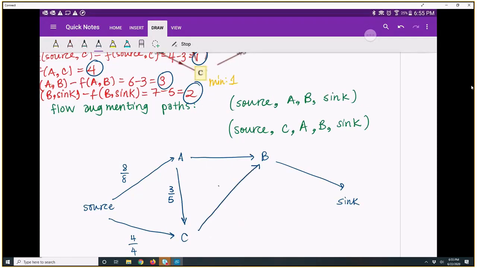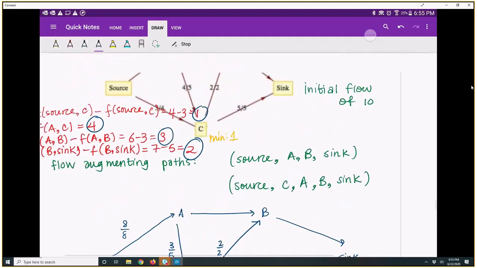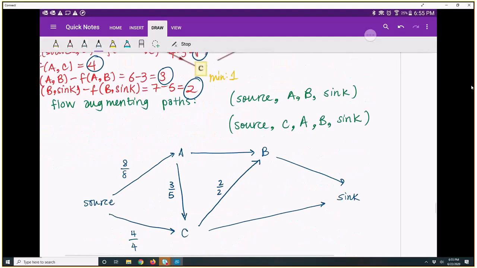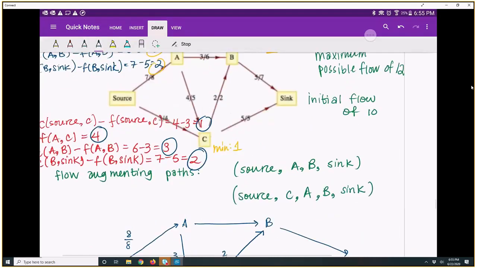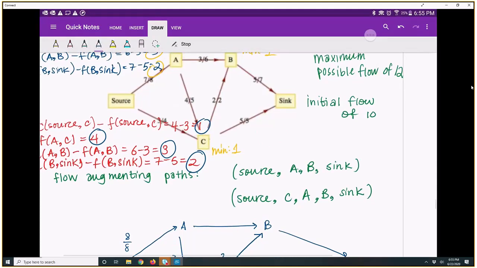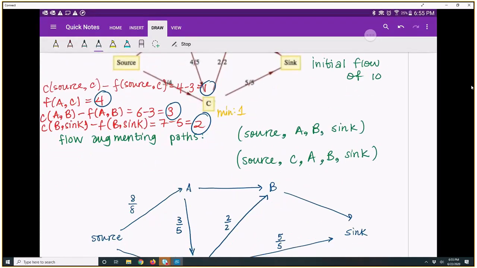This is still going to be 2 out of 2, so I'm not using this in my flow augmenting path. And from C to sink is still 5 out of 5, not using this in my flow augmenting path. From A to B, I added 1, so this becomes 4 out of 6.